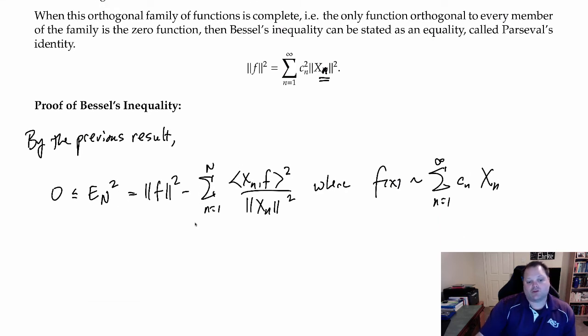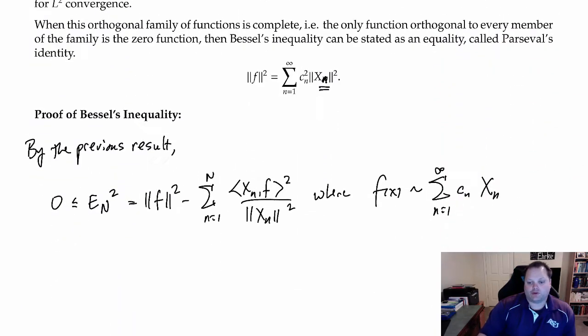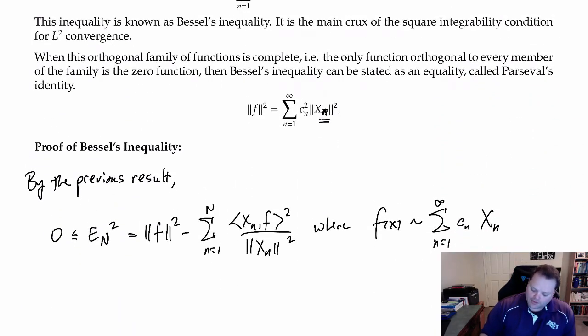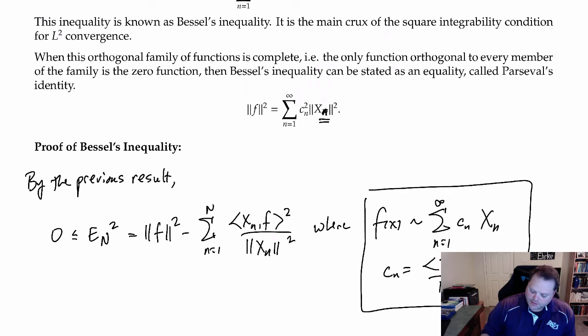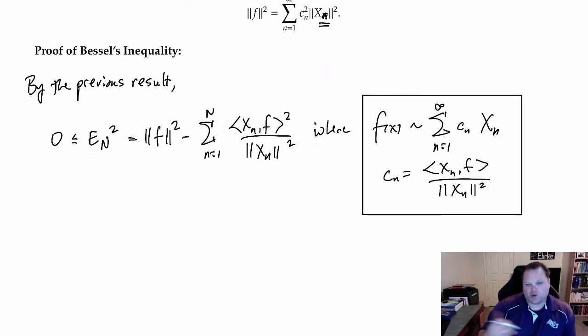So the error squared ended up with just this, if we assume where this is this and where Cn is that. So if we're using the generalized Fourier series, then we obtained a minimal error, and on the last line of that proof, this is that minimal error. Well, minimal error squared in this case.